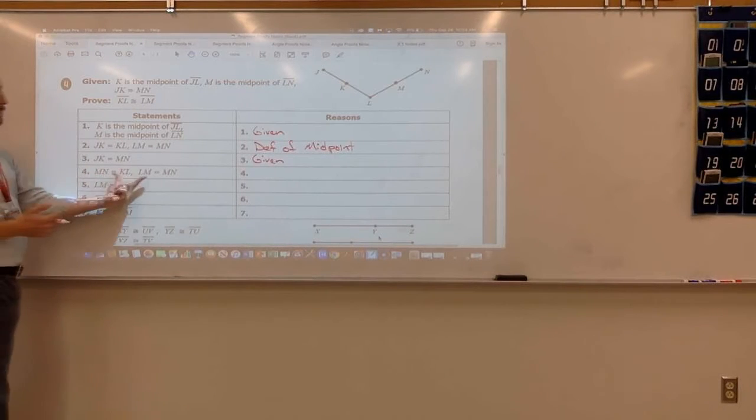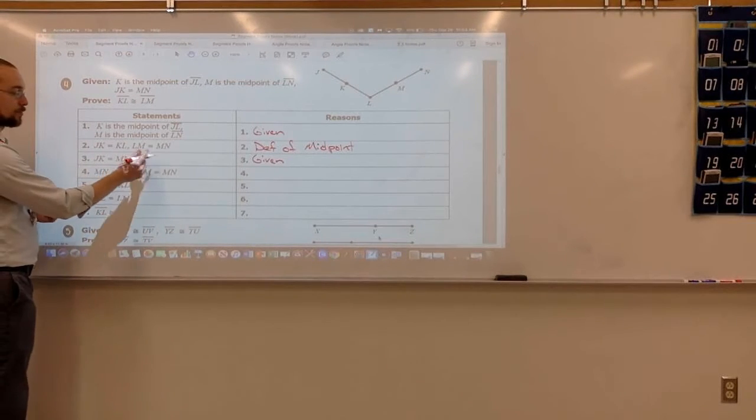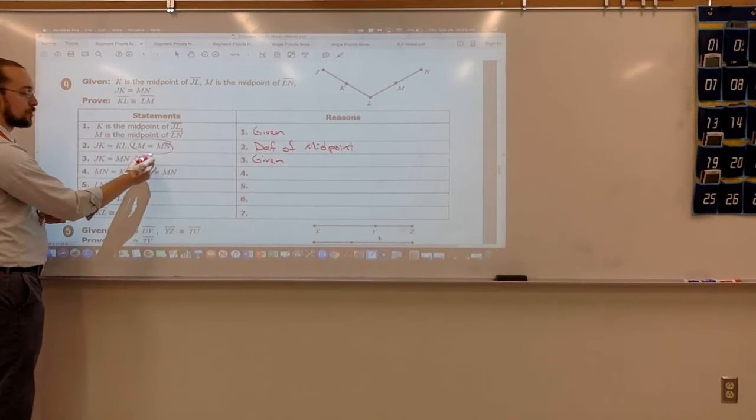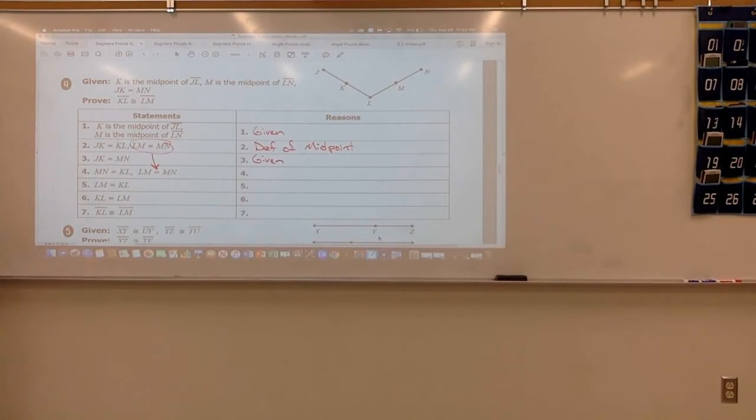Then somehow they conclude that MN and KL are the same. Okay, so this second piece, this is just the same thing as right here. Right? They didn't change LM and MN being equal to each other. What they did change was this first statement. Okay? So look at this. They said, well, up here, we know that KL and JK are equal to each other. And then I know that MN and JK are equal to each other.